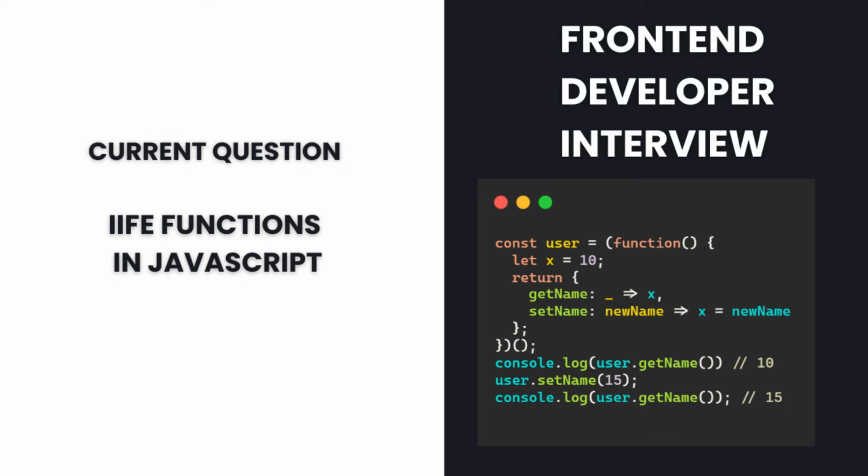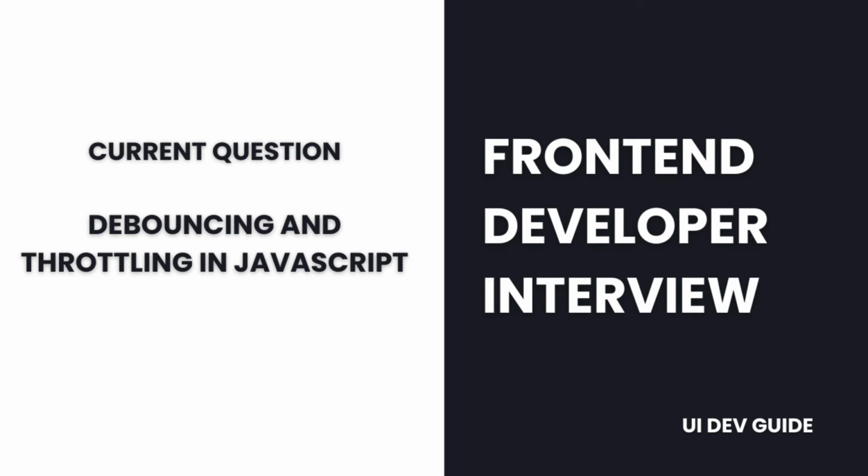So it remembers the outer variables as well, even if I call it somewhere else. Okay, so can we use closures for that? Yeah, I think yes, that's what I'm thinking. So maybe call that inner function somewhere else to change that let variable value. Yes. Okay. What are debouncing and throttling?